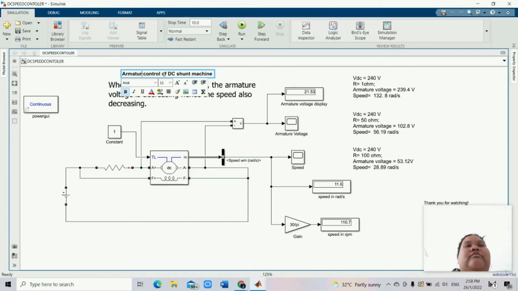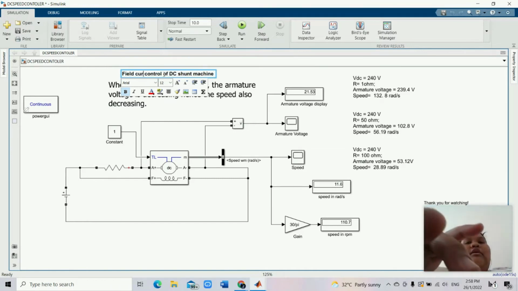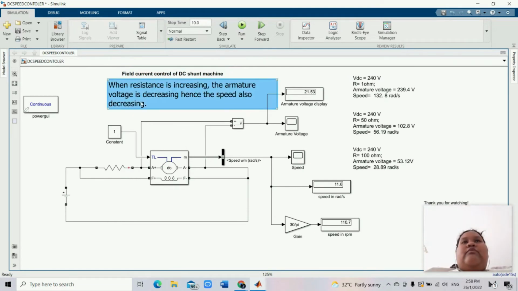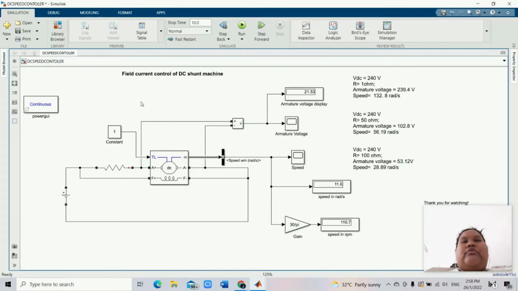The last simulation, part B of the second simulation, is field current control of the DC shunt machine. If I want to do the field current control, I need to change my circuit a little bit, because I will be using the current measurement block.